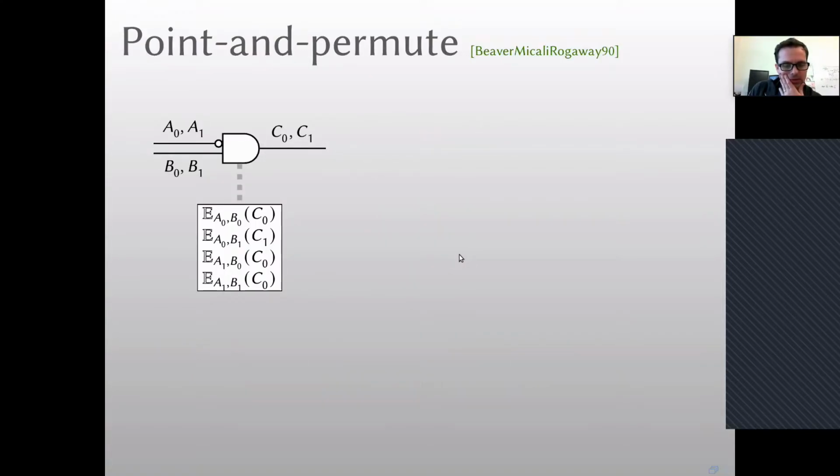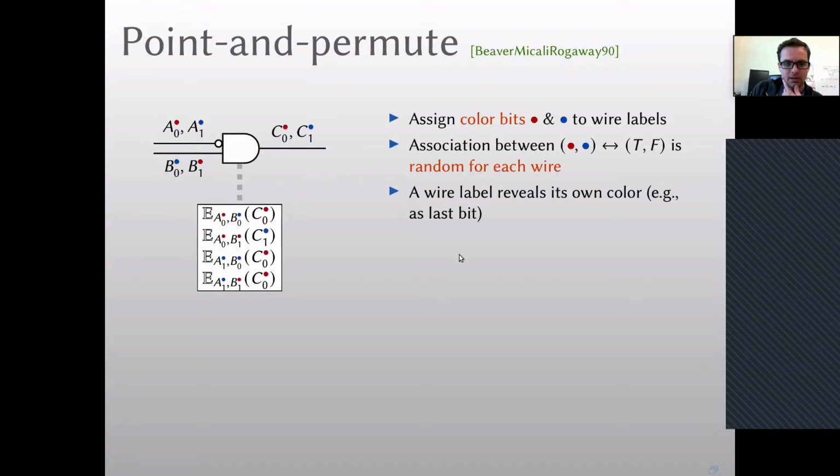So this first optimization that I want to share is an old one from Beaver, Micali, and Rogaway in 1990. And they had this nice observation. They said, what if you took every pair of wire labels, let's take A0 and A1, I'm going to color one of them red and one of them blue, but I'm going to choose red and blue at random.